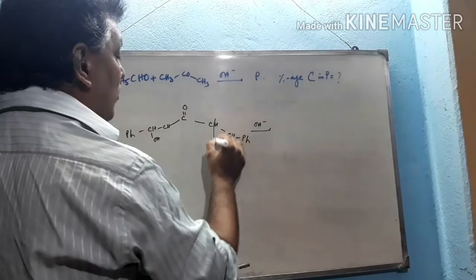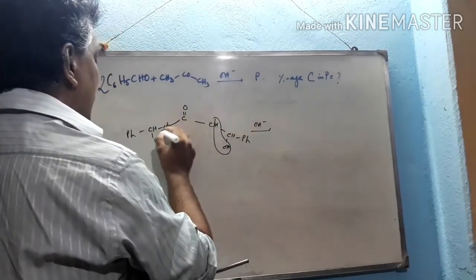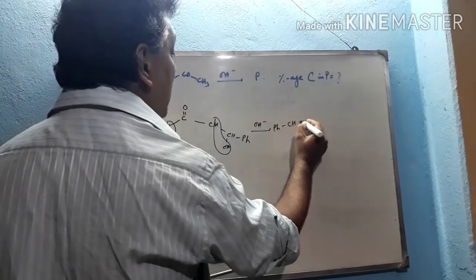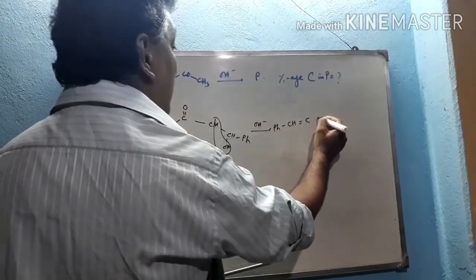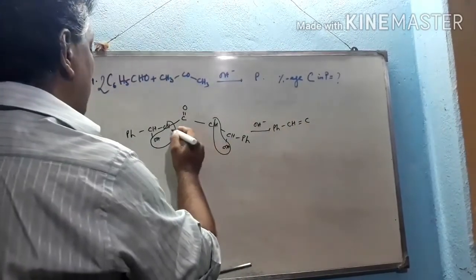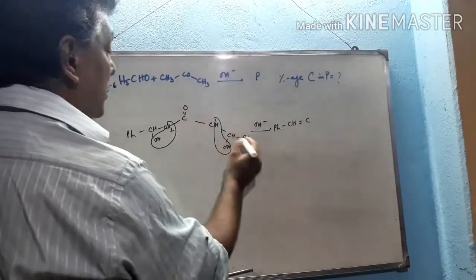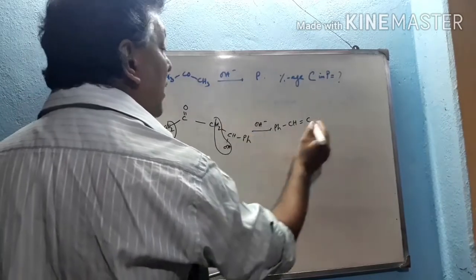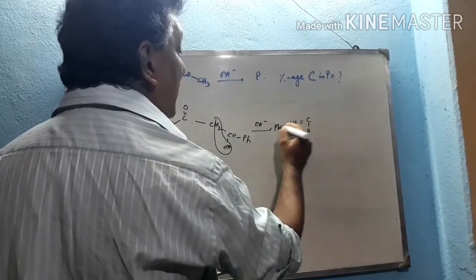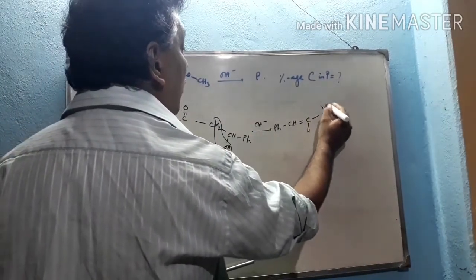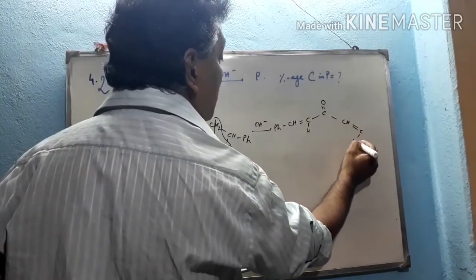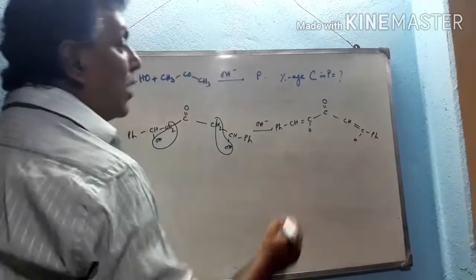So the water molecule is removed, and here also a water molecule is removed, to form PhCH=CH-CO-CH=CHPh, one hydrogen removed from each CH2. This is the final product, this is P.